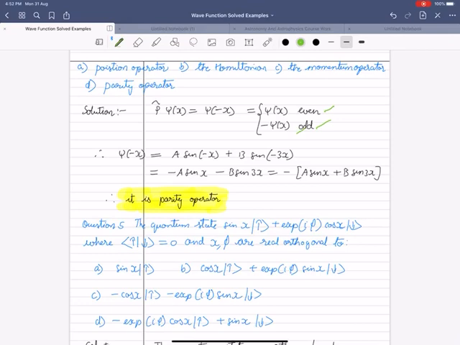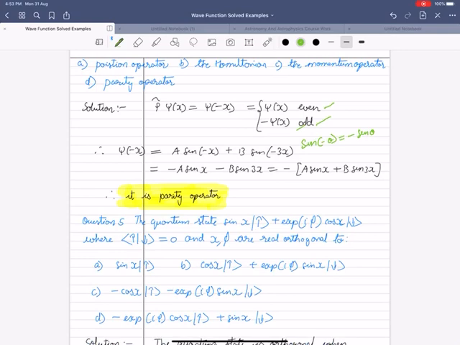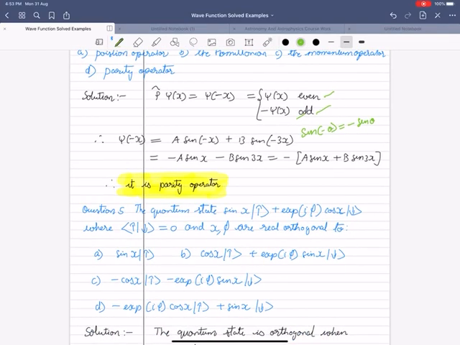Sine of minus theta is equal to, sorry, minus sine theta. Okay, so this is minus sine theta.